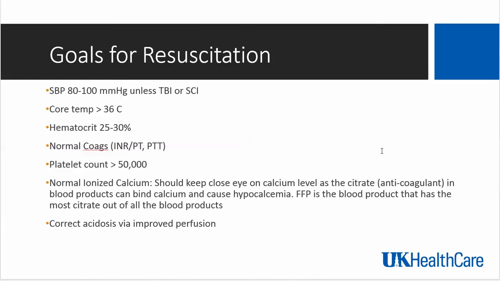A platelet count greater than 50,000. Normal ionized calcium. You should keep a close eye on the calcium level, as the citrate, which is an anticoagulant in blood products, can bind calcium and cause hypocalcemia. Of all the blood products that we administer, FFP is the one that has the most citrate. And lastly, correct acidosis via improved perfusion.